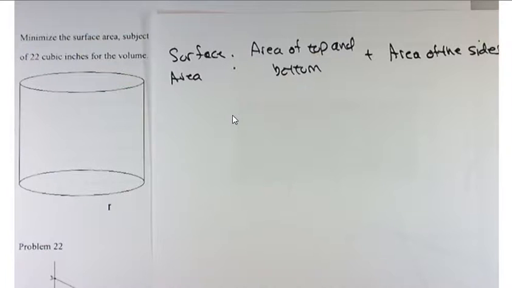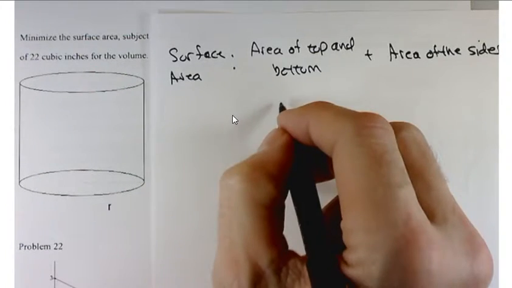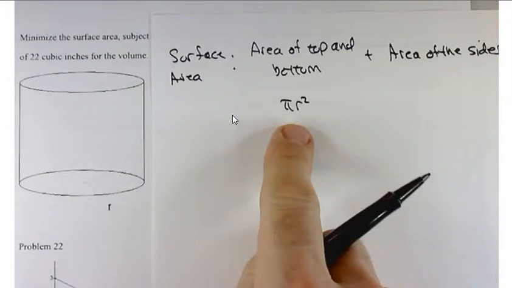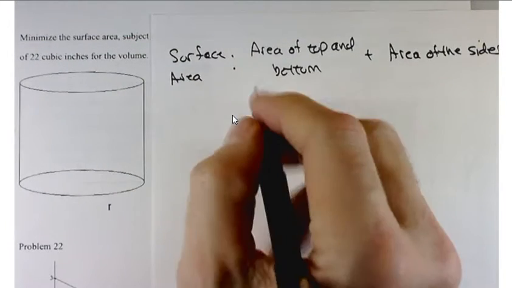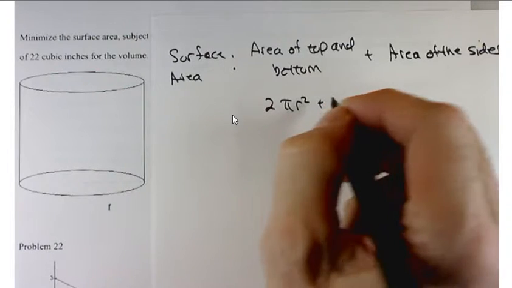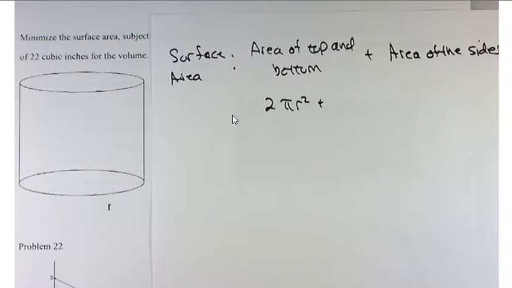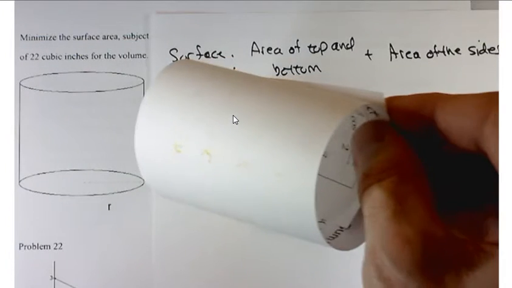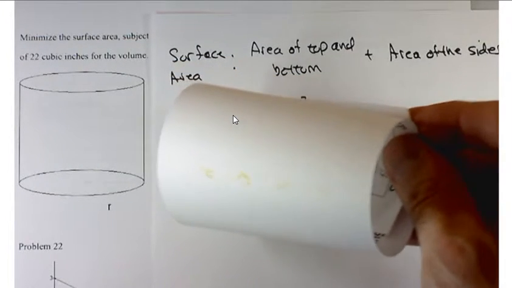Close. 2 pi r squared. So the area of just one of these is pi r squared, right? The area of a circle. But you've got a top and a bottom, so 2 pi r squared. Now, as far as the area of the sides is concerned, well, that's a little bit trickier. So let me show you how we're going to deal with that. Imagine that you have just the sides here.